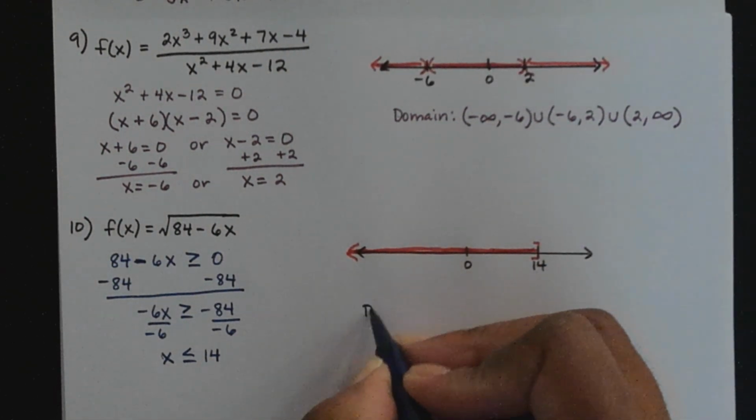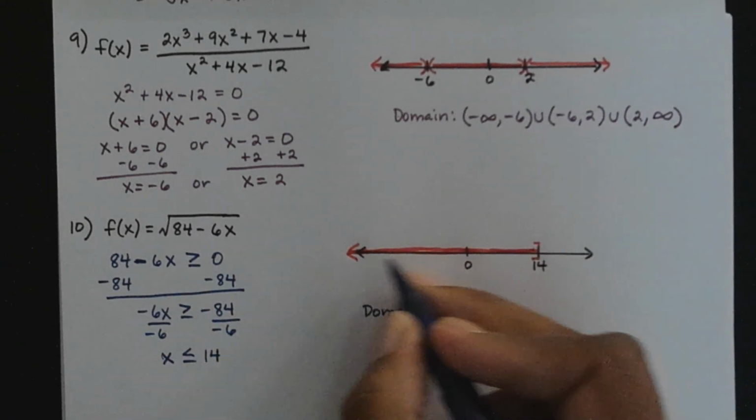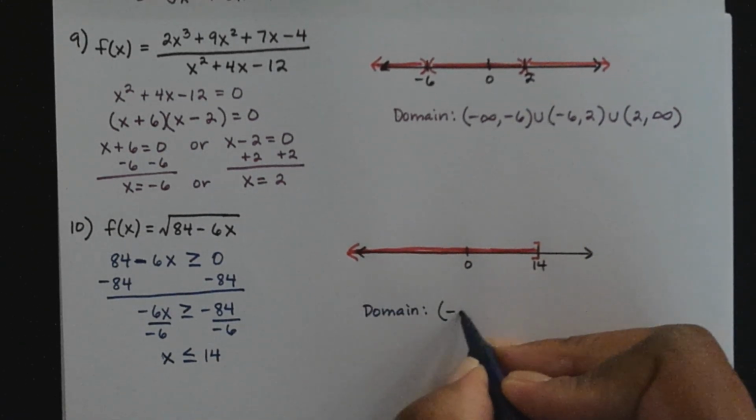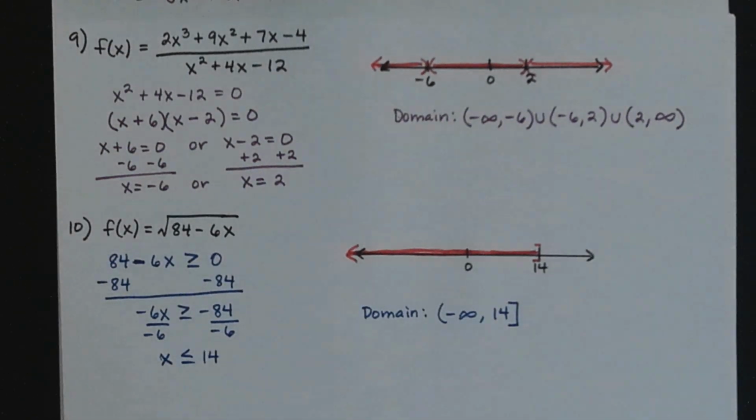So here the domain in interval notation, from left to right, would be from negative infinity up to 14, with the bracket to indicate that 14 is included in that solution set. All right. Are there any questions about problem number 10?